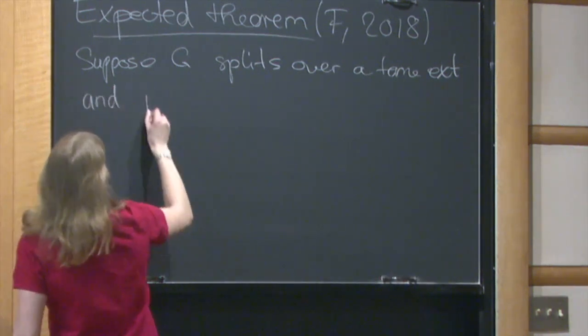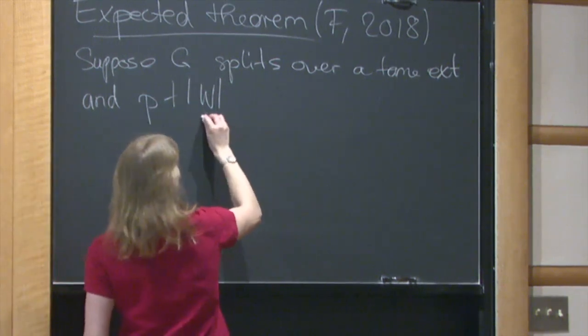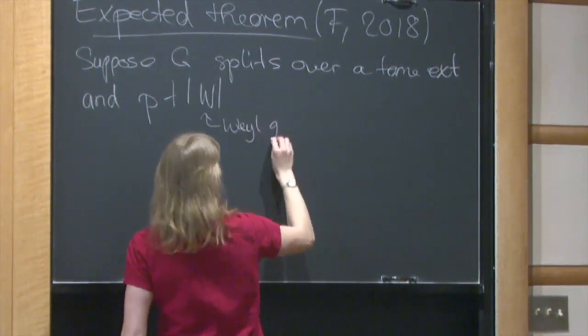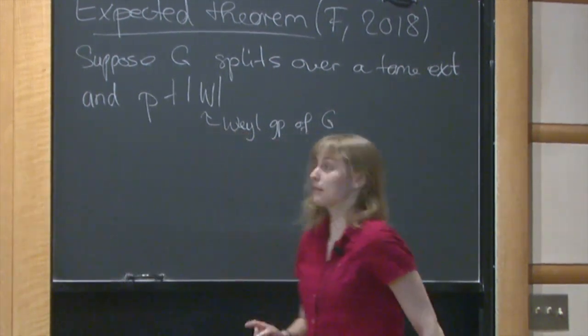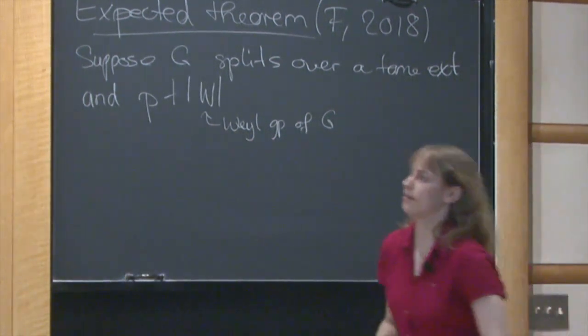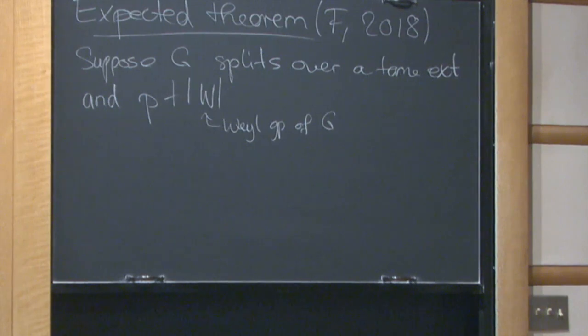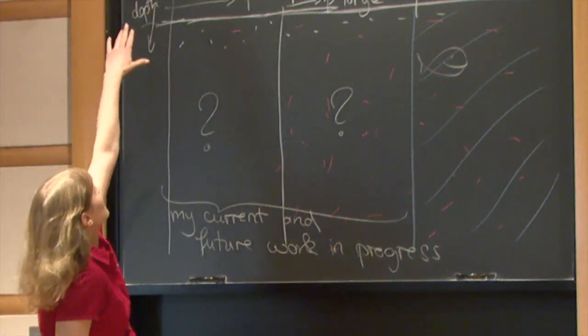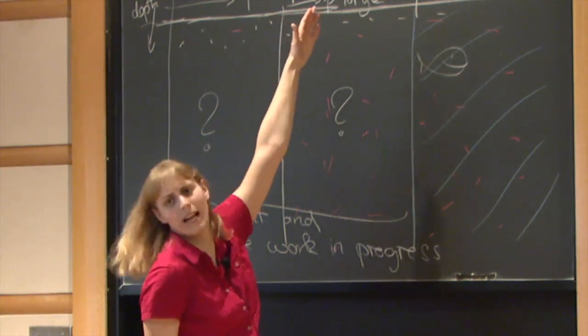And assume that P does not divide the order of the Weyl group of G. So W is the Weyl group of G. And that's what I mean with P large. So by P large, I mean P not dividing the order of the Weyl group. And I've written down for you the orders of the Weyl groups up there. So you see, for A_n, you exclude all the primes that are smaller than n+1, but for the exceptional groups, you exclude at most 2, 3, 5, and 7.